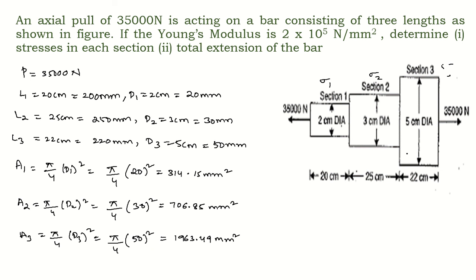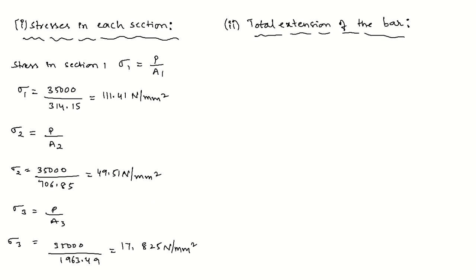You will get the total extension because of this 35,000 Newton. Because it is only a single load, I will write total extension directly. Delta L is delta L1 plus delta L2 plus delta L3. So this is elongation in the first section, second section, third section. If I add, I will get the total elongation or extension.